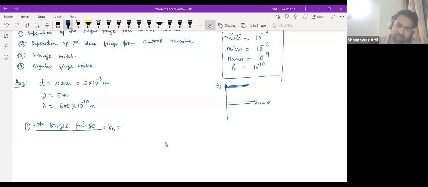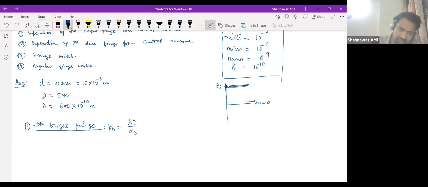It is n lambda D by d. This was the width, right? Go back and check your notes.